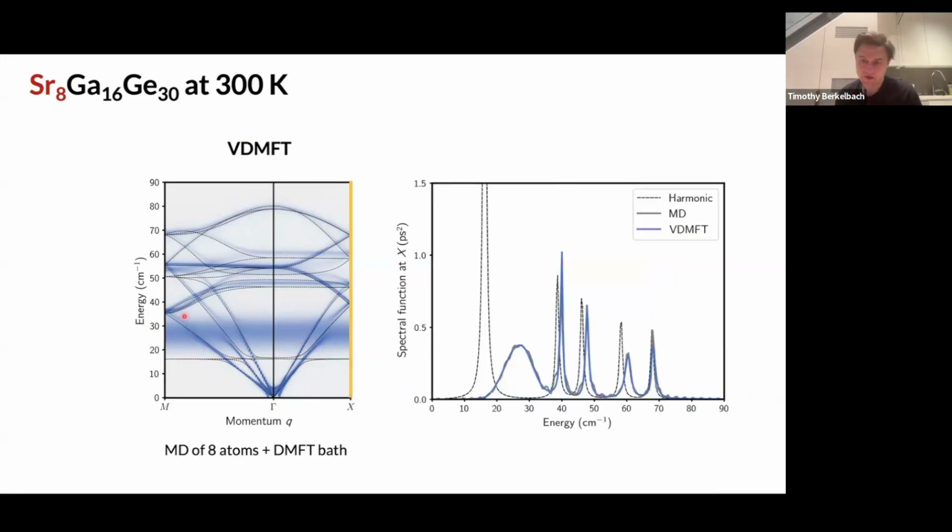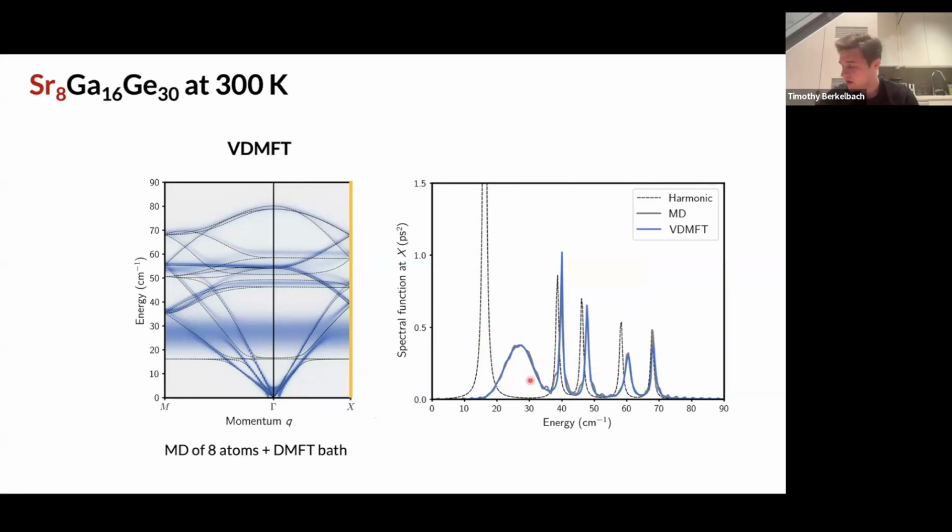So to make that comparison a little bit more quantitative, I'll show the spectral function at the X point. The dashed line is the harmonic spectral function with just a fictitious broadening added so that you can see it. Things agree at higher frequencies, but at lower frequencies, you can see that this flat rattling mode has been shifted up in frequency quite a lot, from something like 15 wave numbers to 30 wave numbers.